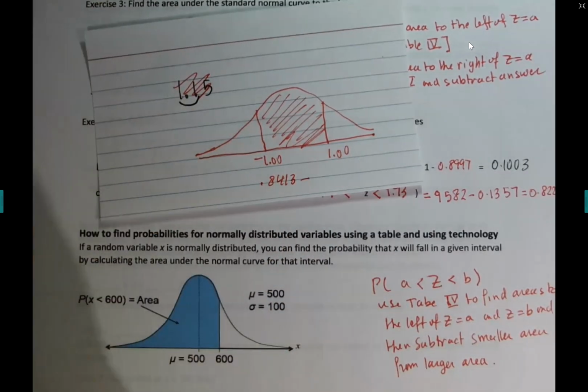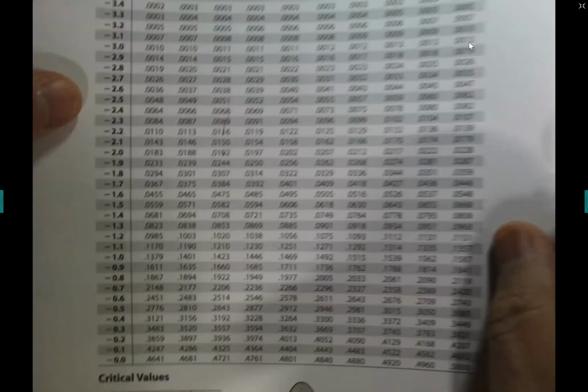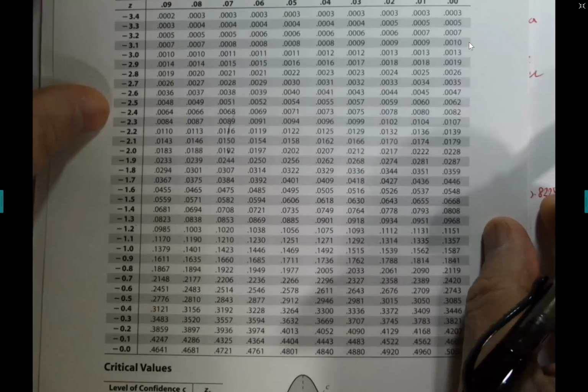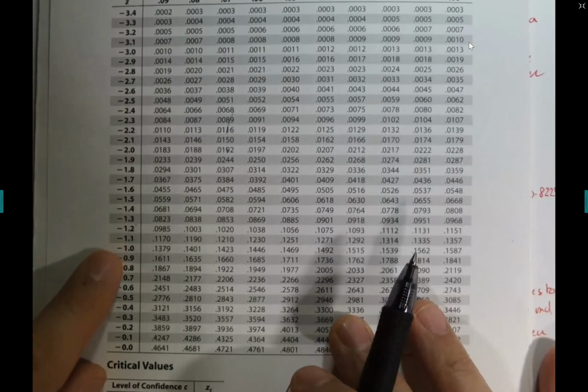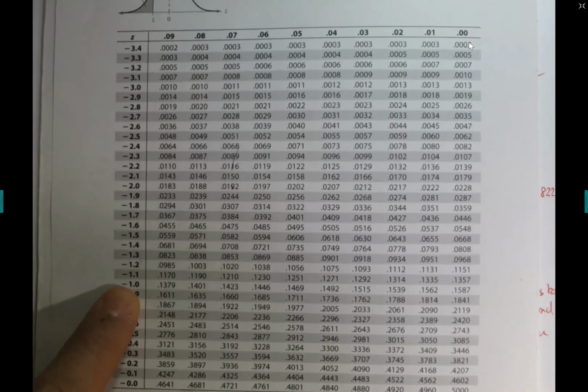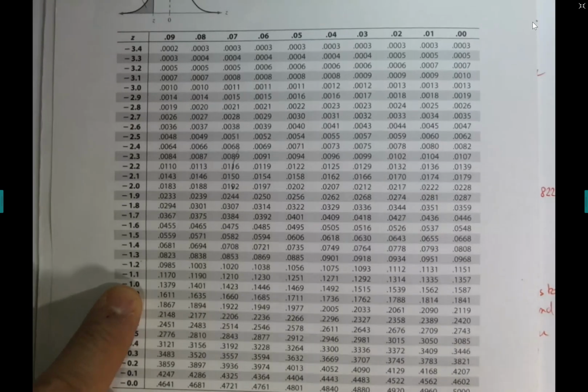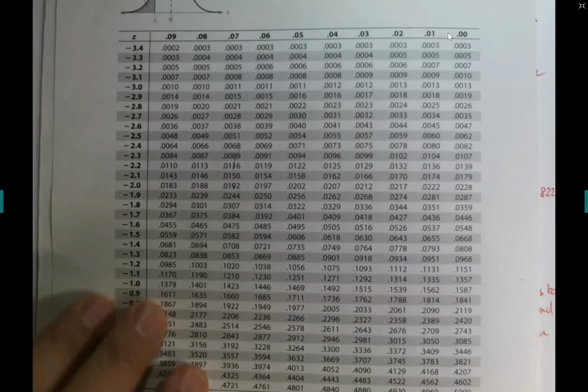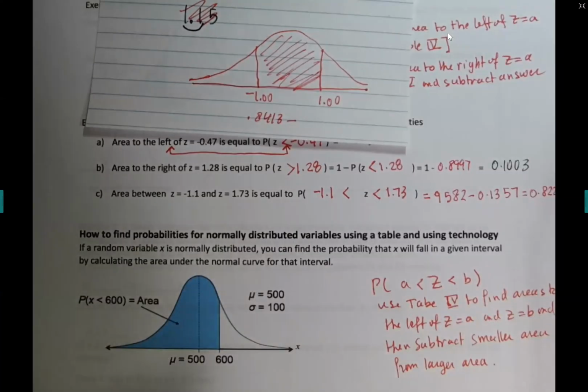Let me just take it to the negative 1 now. Negative 1, guys, it's right here, negative 1.0. And can someone tell me what the area to the left of negative 1 is? 0.1587. Okay, so there will be 0.1587. I agree.